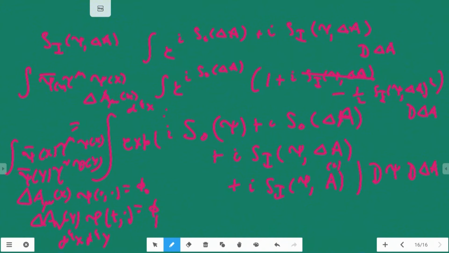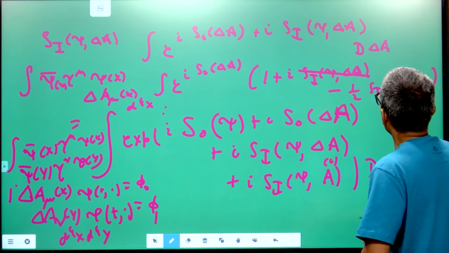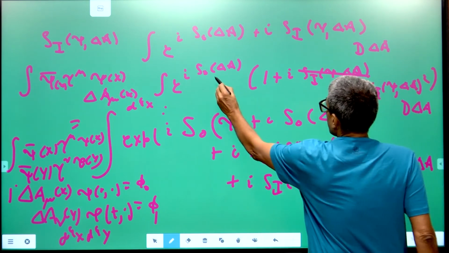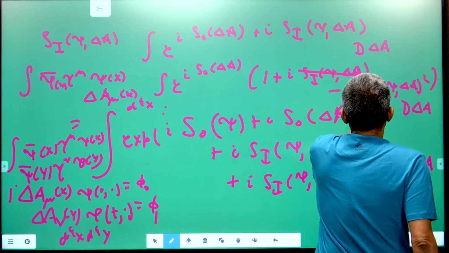Because you are taking a vacuum expectation value, you are interested only in the fermionic transition from phi 0 to phi 1 with the electromagnetic field remaining in the vacuum state. So you will get the time-ordered product, the propagator, and other terms. If you compute this quantity, e power i S0 delta A times this thing, what do you get?